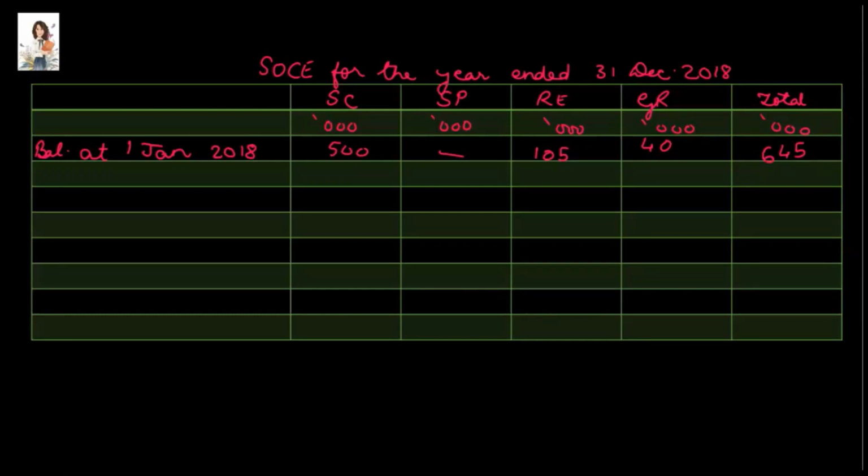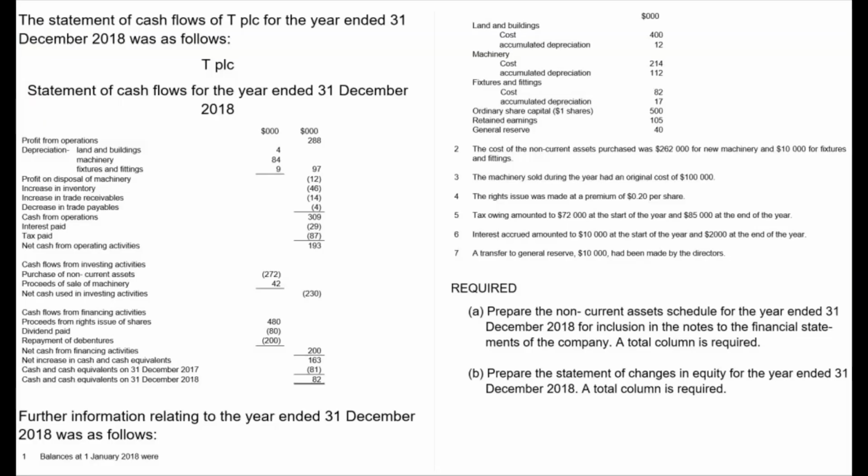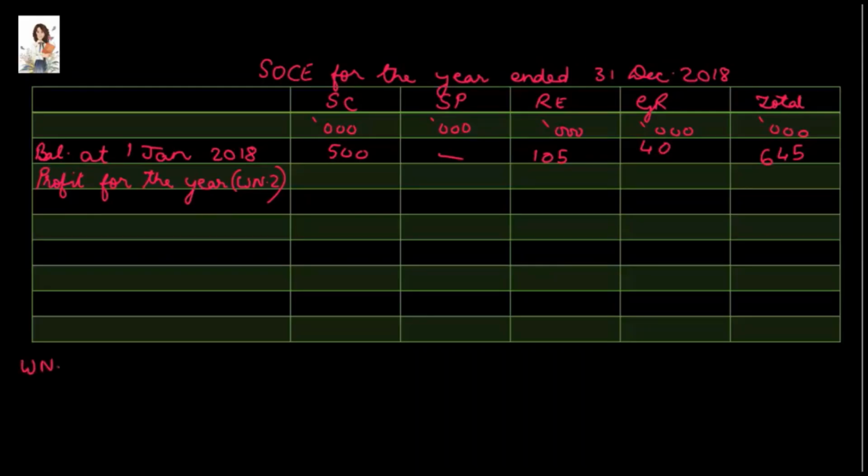After the opening balances, I would strongly recommend that you write the profit for the year next. For this, we will have to prepare working note 2. In the question, we are given the profit from operations. We have not been given the profit for the year. We'll have to find that out from profit from operations. So we will prepare working note 2.